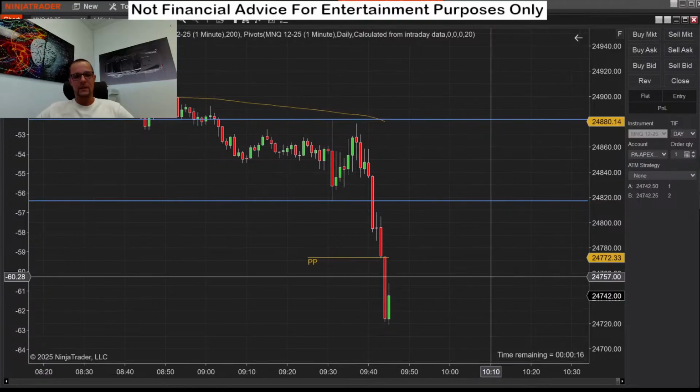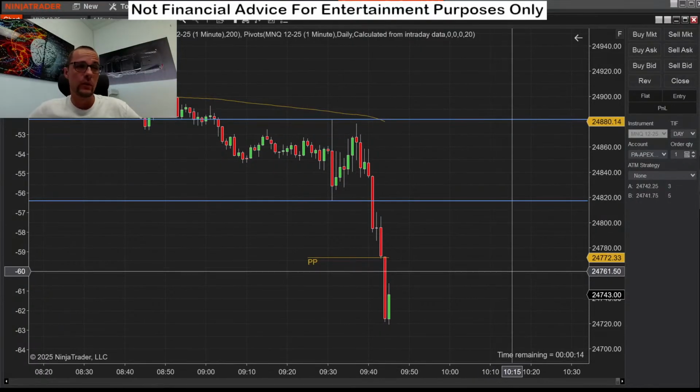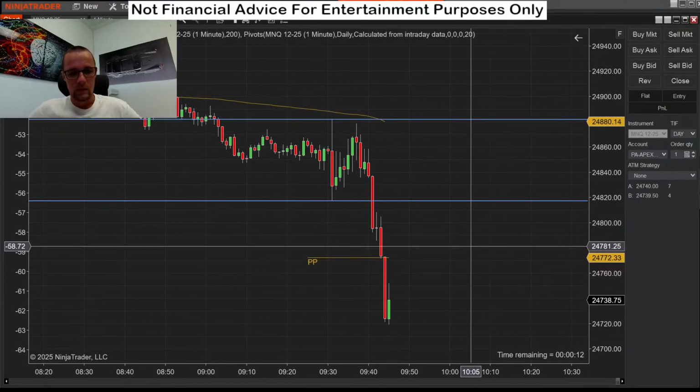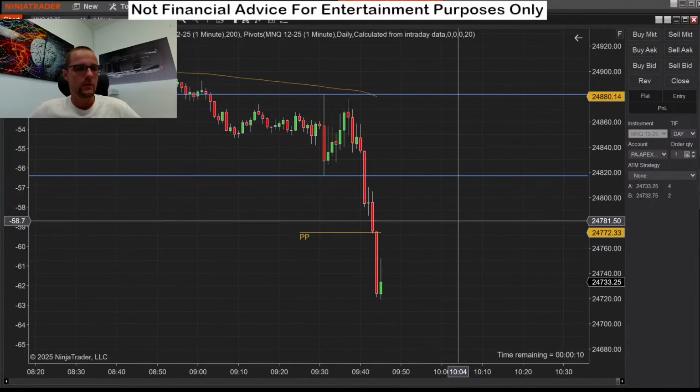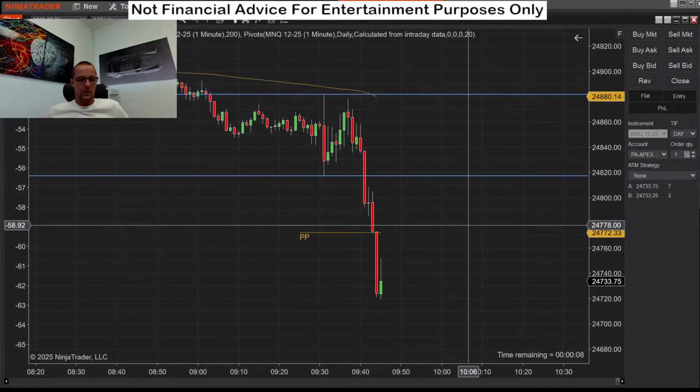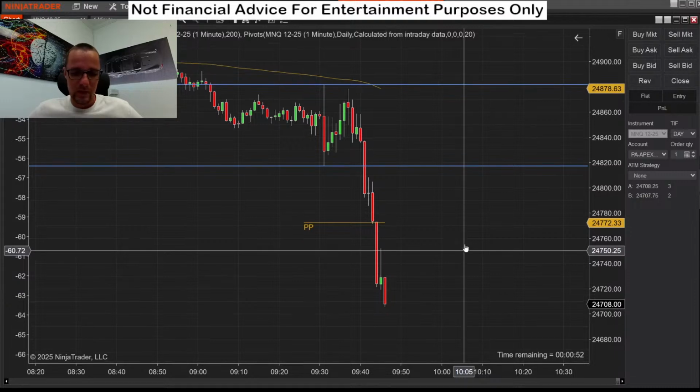I don't know how it plots them out, but a lot of times they do hold up. So again, I just use them as gauges in the market. If I'm trying to long off a pivot, it's an extra confluence, or if I'm already long and there's a pivot up there, it's resistance, so I gotta be careful. We are just displacing lower.